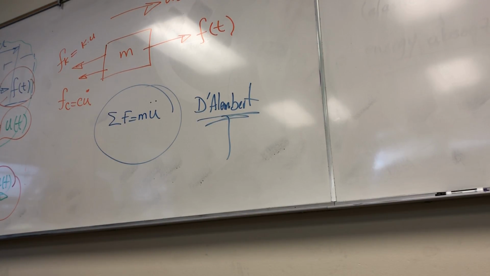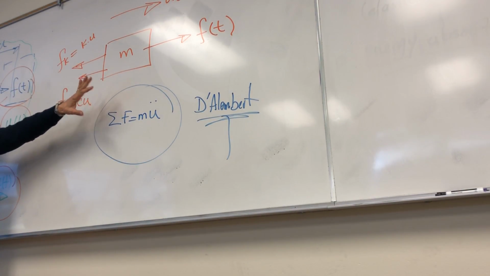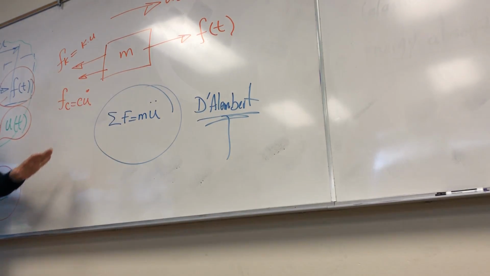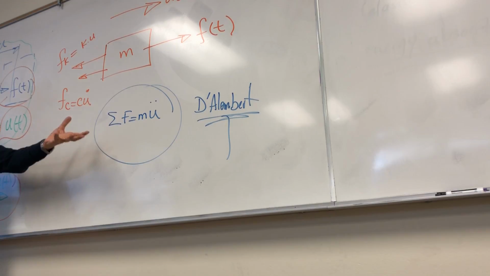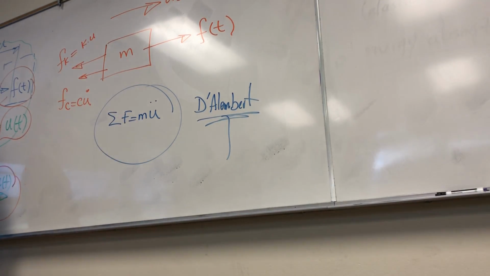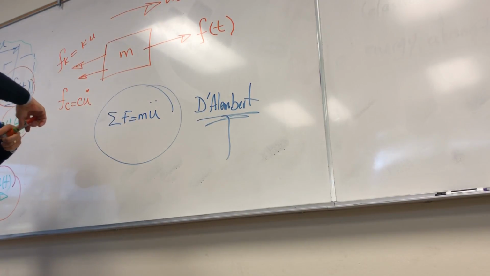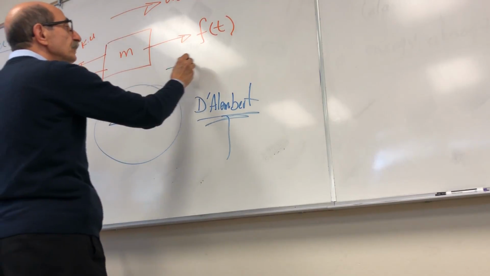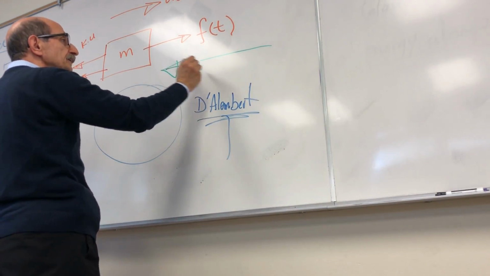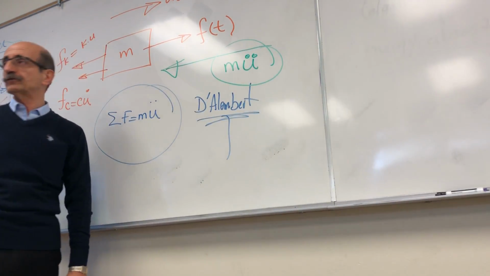But anyway, what was the D'Alembert principle? The D'Alembert principle says you can treat any dynamic problem as a static problem. In other words, just set up the free body diagram of the system, assuming that this is a static problem, if you add to the free body diagram a force in the opposite direction of motion, and that is the force of inertia.